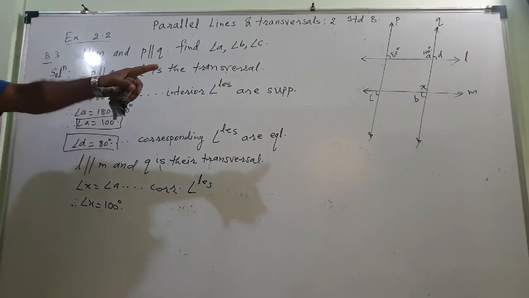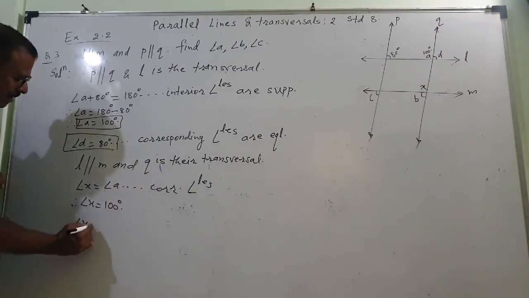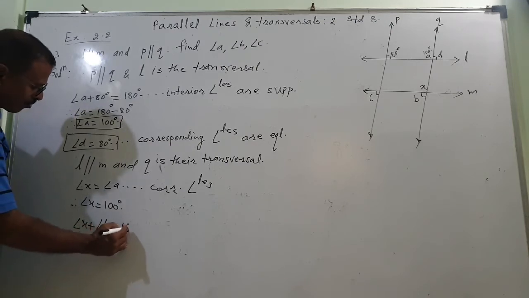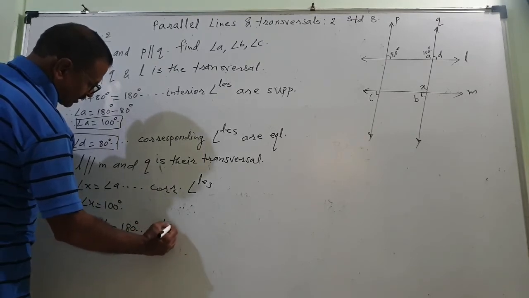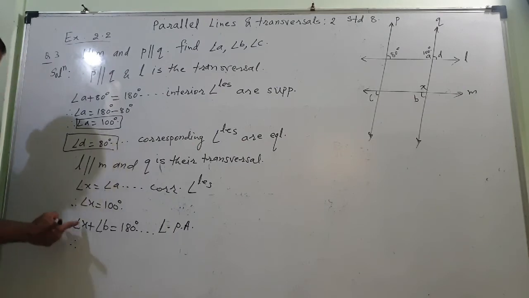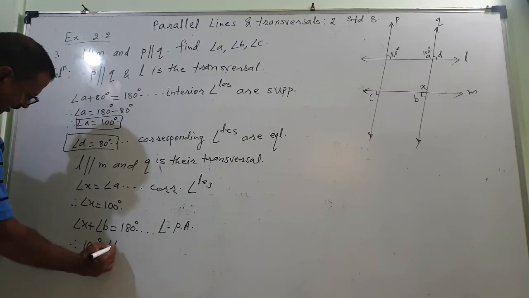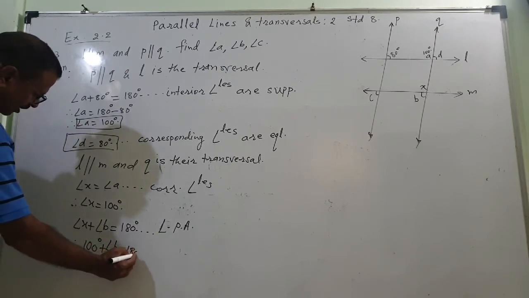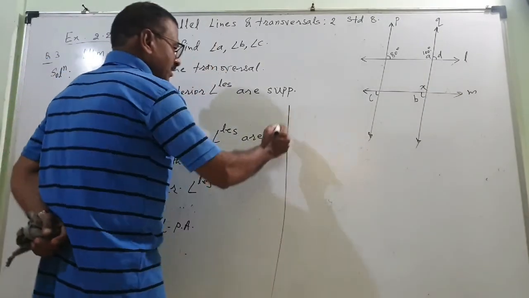Now, X and B is how much? Angle X plus angle B is equal to 180 degrees. Reason: linear pair angles, LPA. Therefore, angle X is 100 degrees, plus angle B is equal to 180 degrees. So the remaining part I will write here.